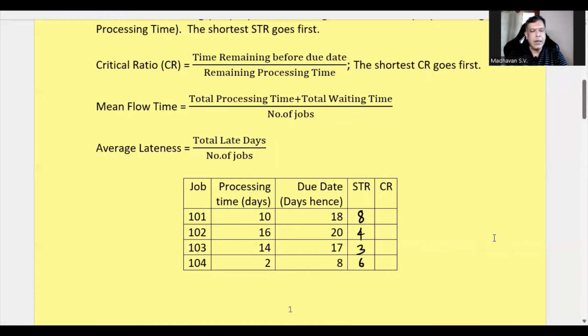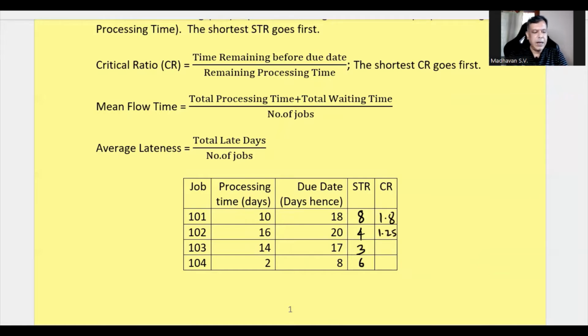The critical ratio can be calculated as the due date in days divided by processing time in days. That means 18 divided by 10, we get 1.8 for the first one. Then 20 divided by 16, we get 1.25 for the second job.